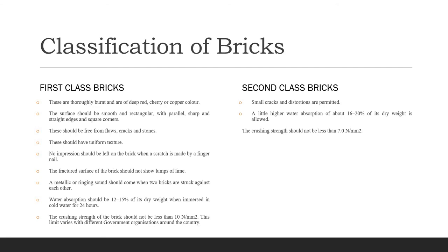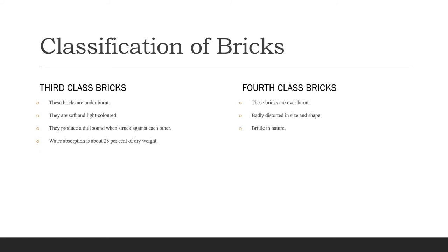Whereas in second class bricks, the crushing strength decreases. You have small cracks and distortion within it, and the absorption increases from 12 to 15% to 16 to 20%. The next is third class, where the bricks get overburnt.